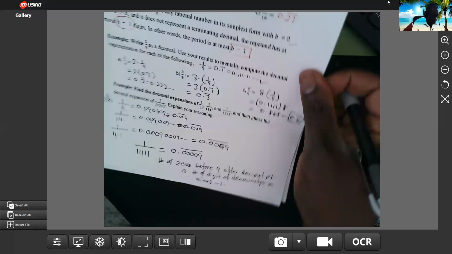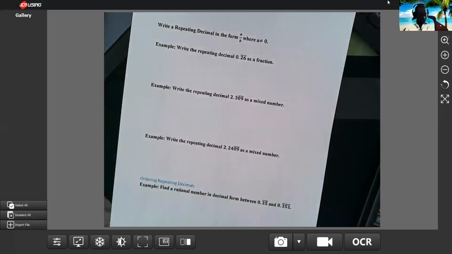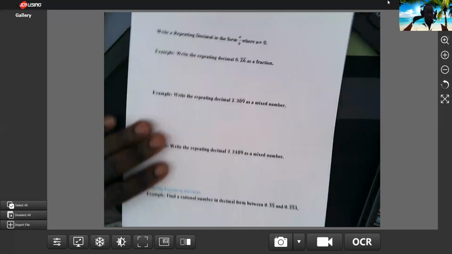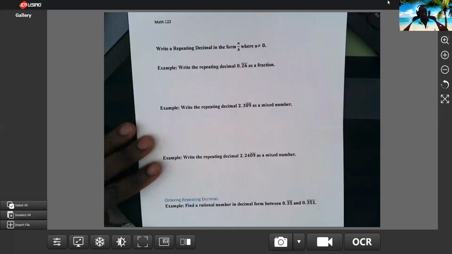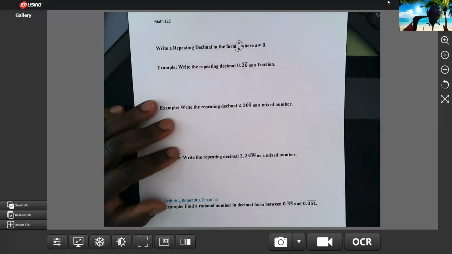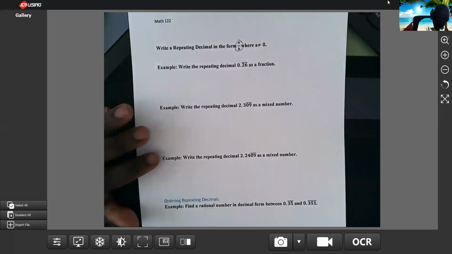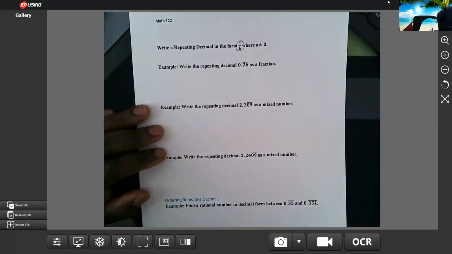And then finally, if I have a repeating decimal, how do I write it in the form of a fraction? So we are converting a repeating decimal to the form a over b.